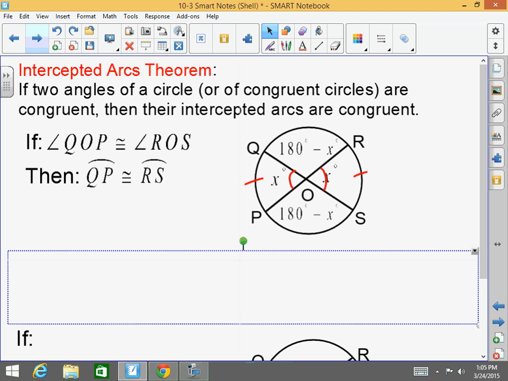Because not only do they have the same measure, but they have the same length because they're in the same circle. They have the same radii. So if two angles of a circle are congruent, or of congruent circles, then their intercepted arcs are congruent. Okay?